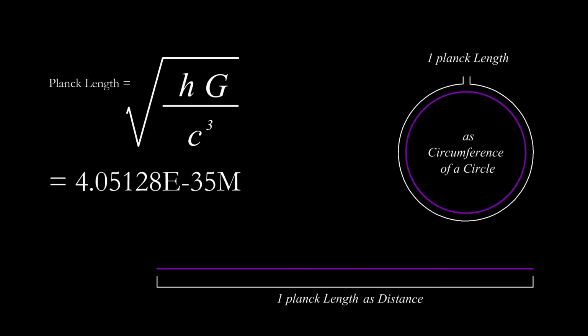That can also be seen as length, just distance, point A to point B in a straight line, or it can be understood as the circumference of a circle. So the Planck length is the circumference of the circle. Imagine the Planck length wrapped around a perfect circle, the end meets the beginning.